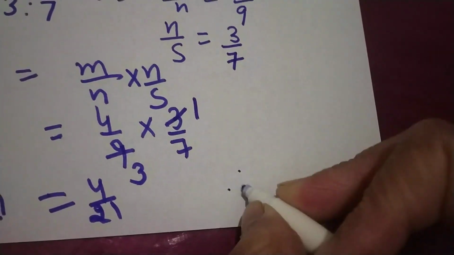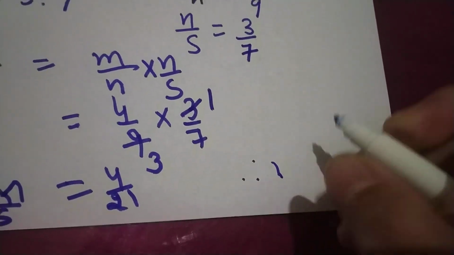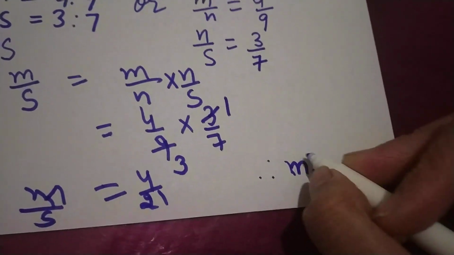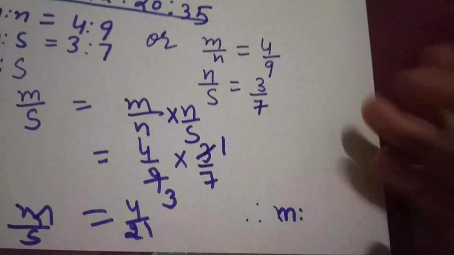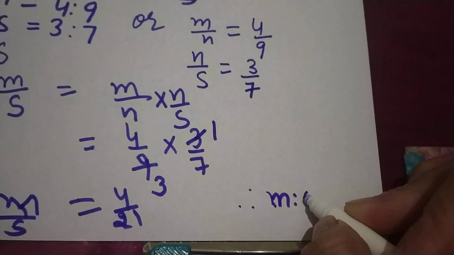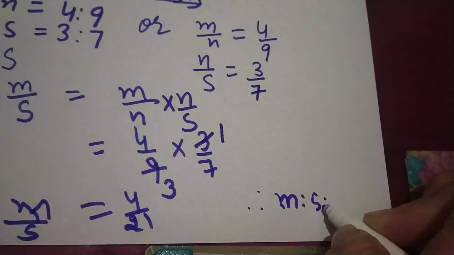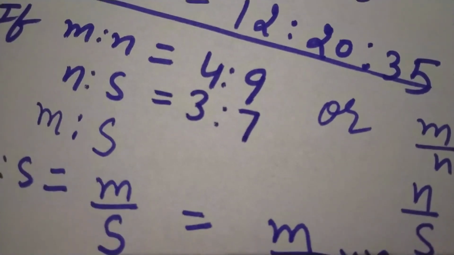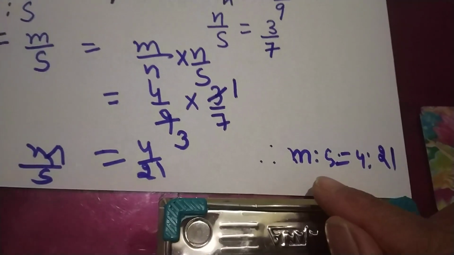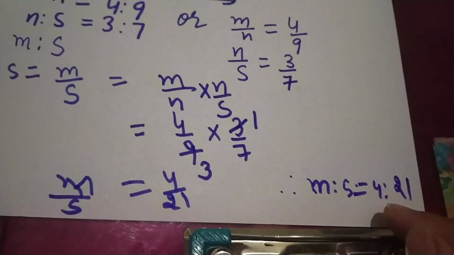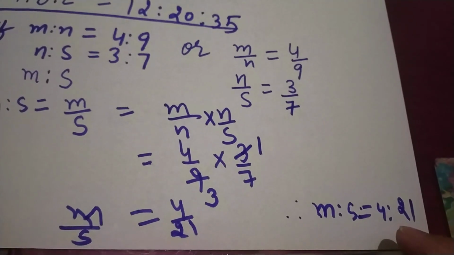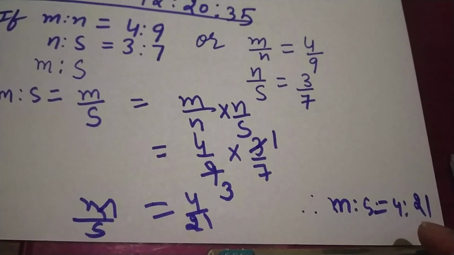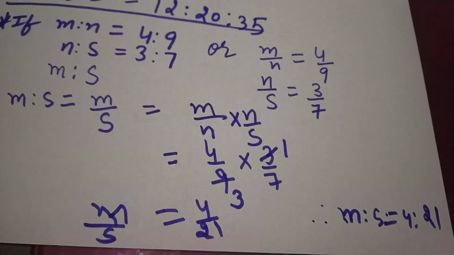Therefore M ratio S is equal to 4 ratio 21. So by using all these methods we can solve problems based on ratio and proportion.